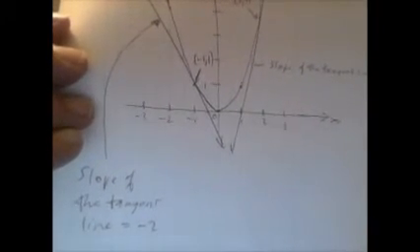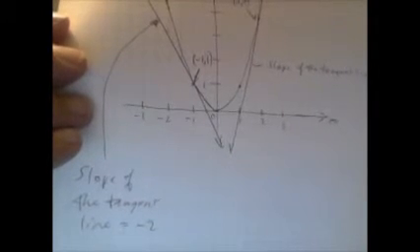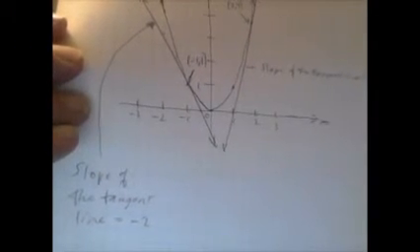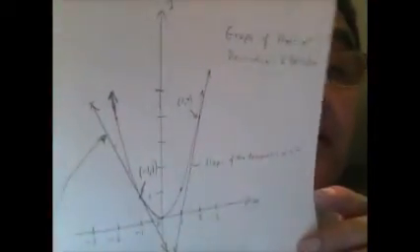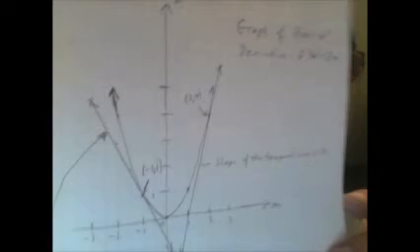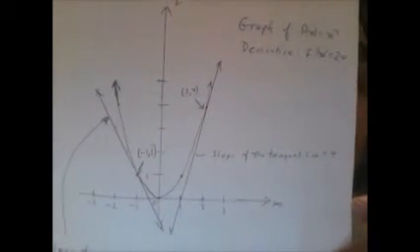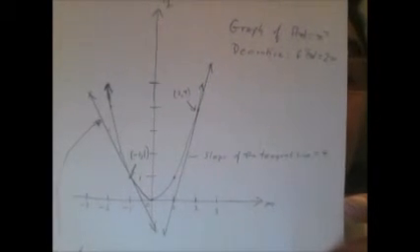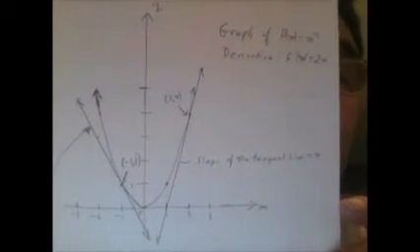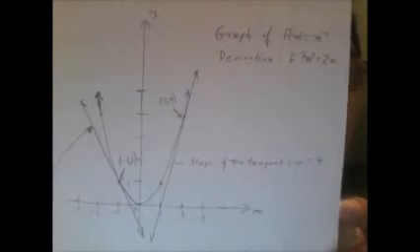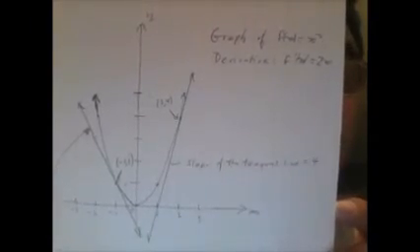And so the slope of the line tangent to that point is itself -2. Now, if we look at the other point that I highlighted, the point 2, 4, there x equals 2, so the derivative would be 2 times 2, which is 4. And so the slope of the tangent line to that point on the graph itself is 4.